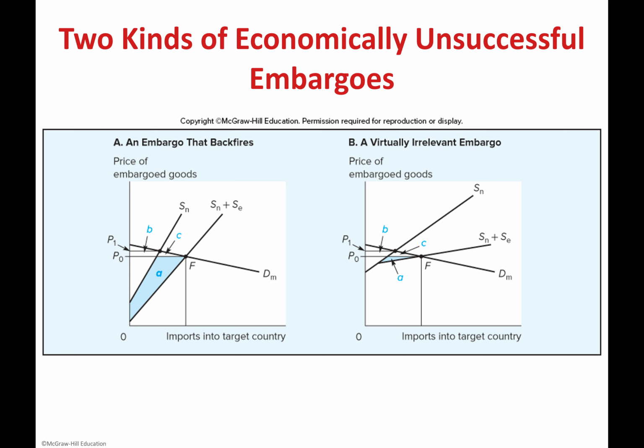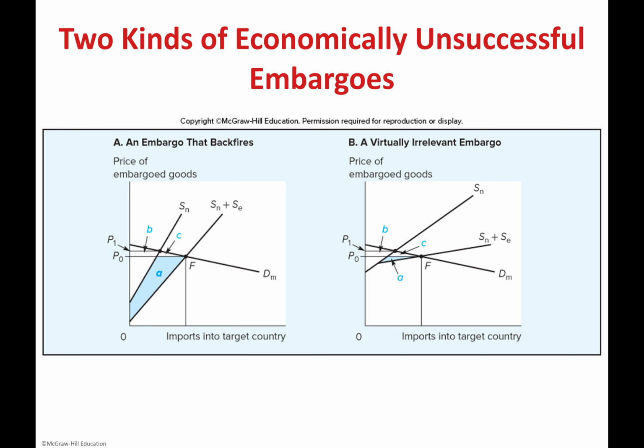Well, here we can see an embargo that backfires. So on the left, we've got an embargo that backfires. In other words, here we have the same diagram as before. So the initial equilibrium is at P0 and F. But notice when we take out the embargoing supply, what we're left with is P1, which is hardly anything above P0.